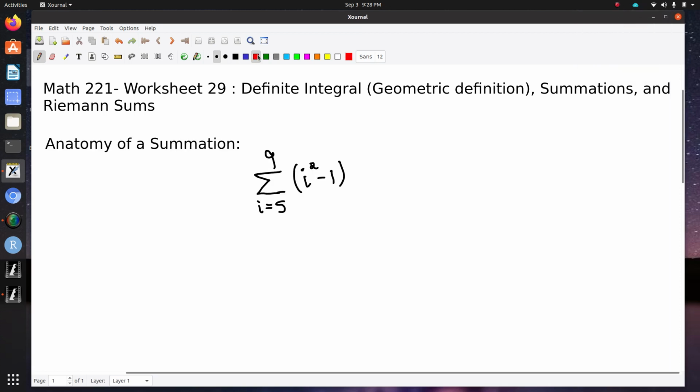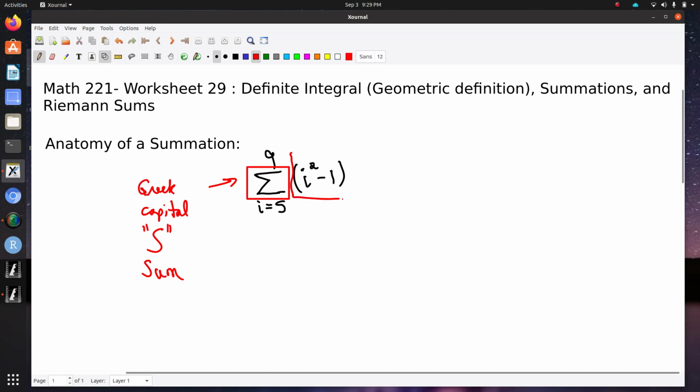Okay, here we're going to start by talking about summations, and I want to show you the anatomy of a summation. This part here is just the Greek capital letter S, and we use it because the word sum starts with the letter S. Really profound there.